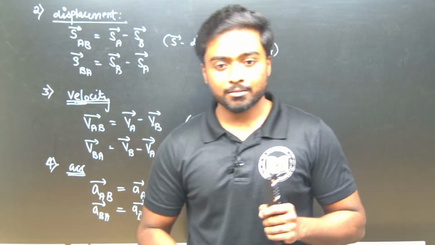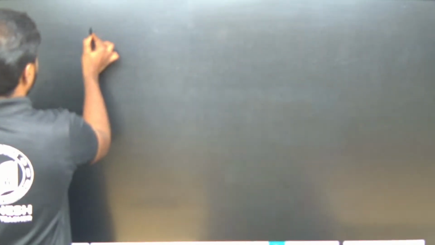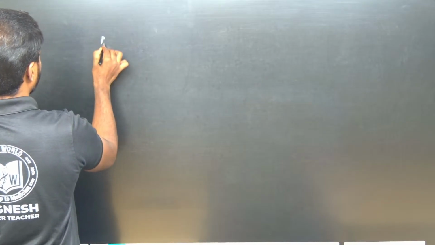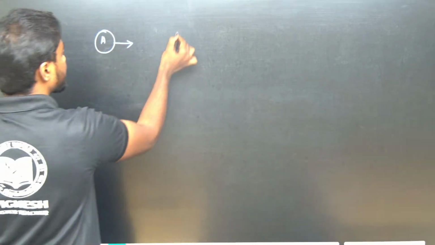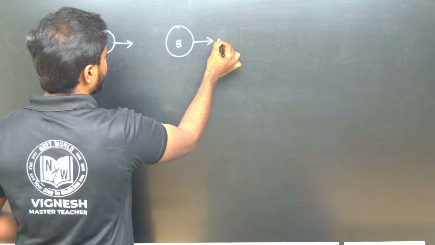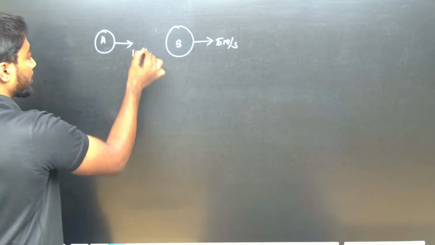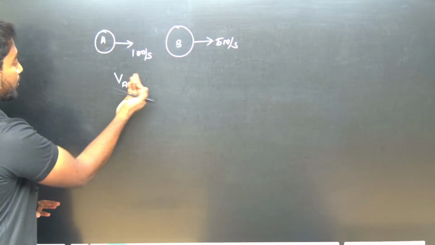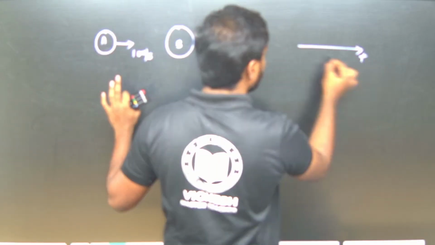So regarding direction, I need to note a point here. Suppose object A is moving with some velocity in the right direction, and object B is moving with some velocity in the same direction. Let me take this as 5 meter per second and this as 10 meter per second. First thing, directions: this is my positive, this is my negative.